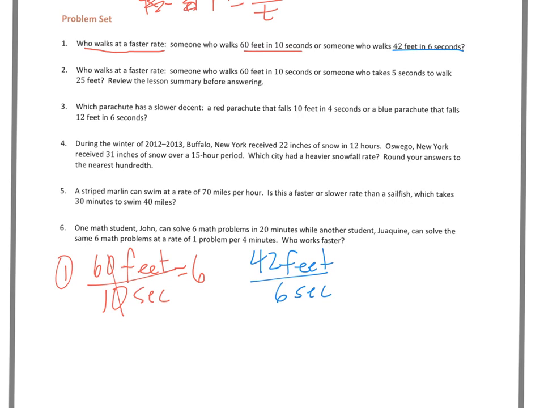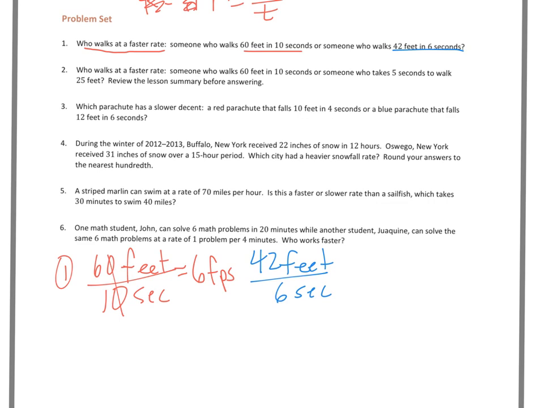And I can write those as feet over second, like that, or I can write it out as feet per second. And what I'm going to do is write an abbreviation of FPS, feet per second, just so I can save a little bit of space.